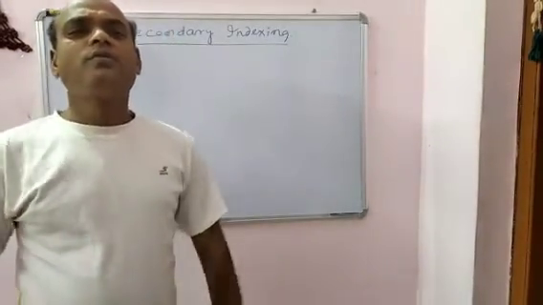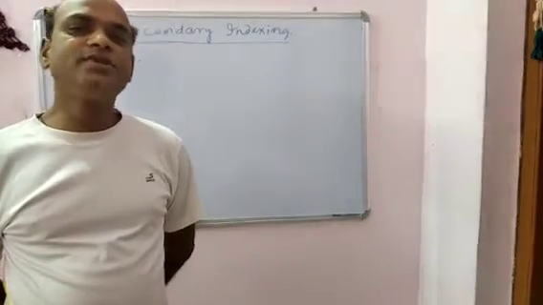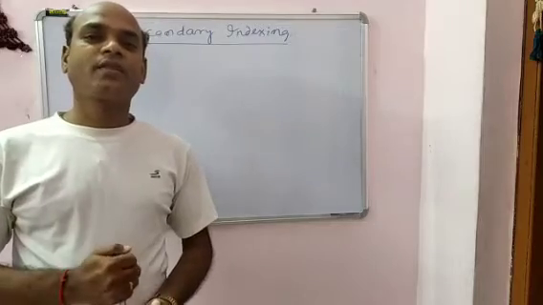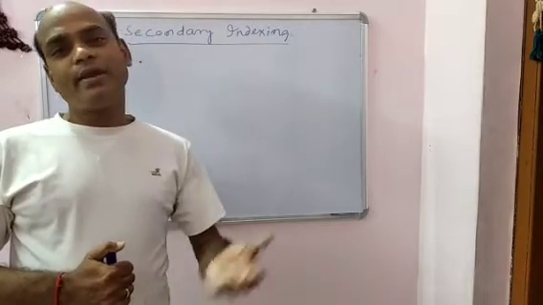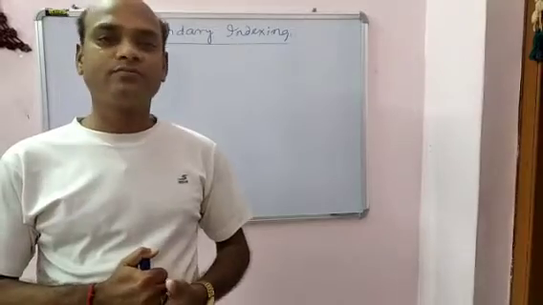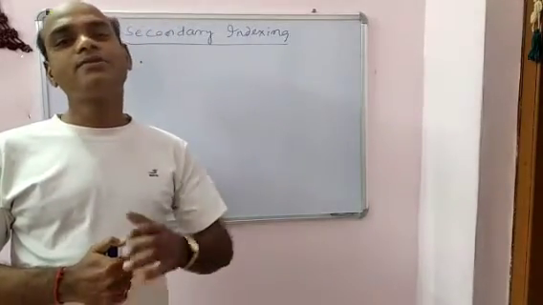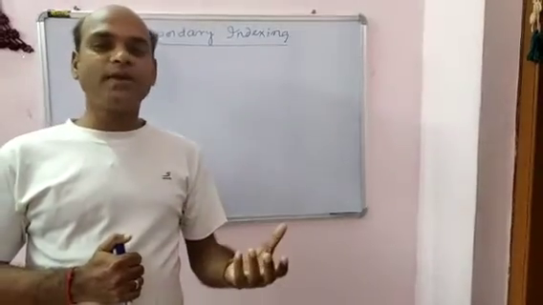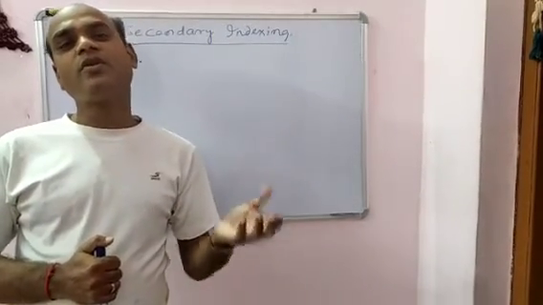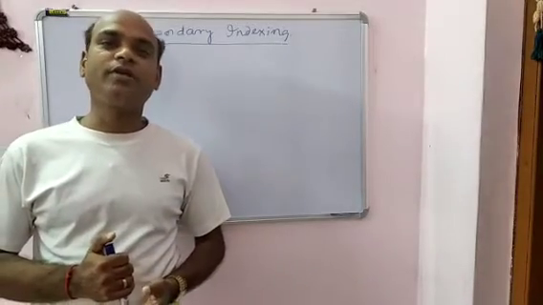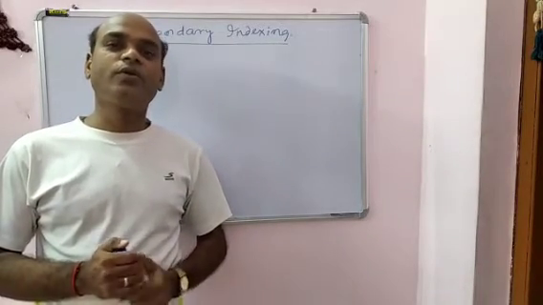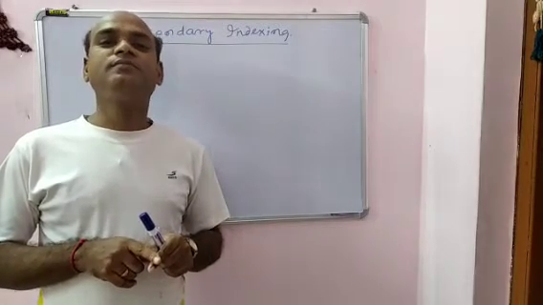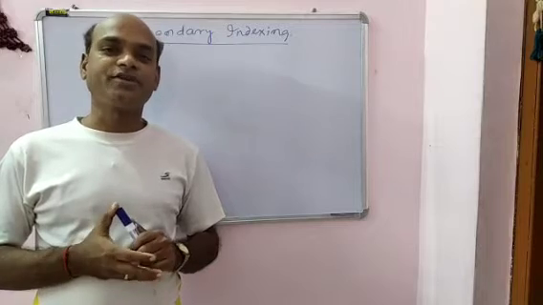In primary indexing, the index file is created by accepting a primary key value. In the case of cluster indexing, we create the index file by accepting a non-key attribute, meaning a non-primary key or any candidate key. Whenever the index file is created by accepting the primary key, that is primary indexing.